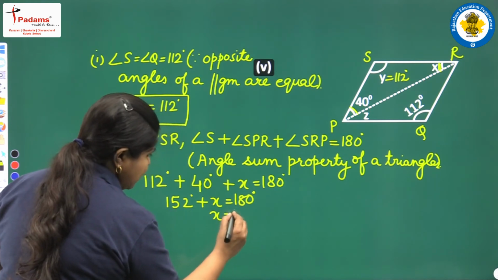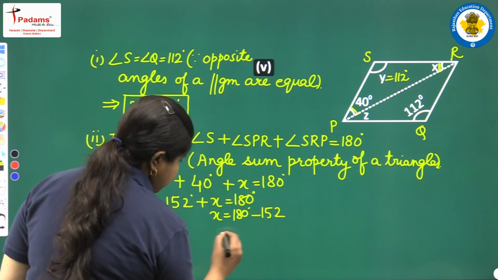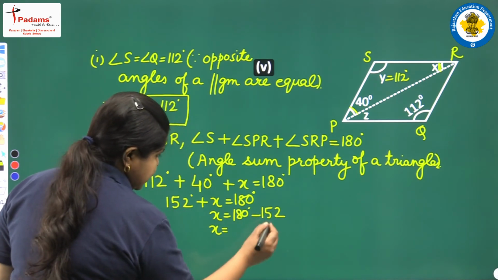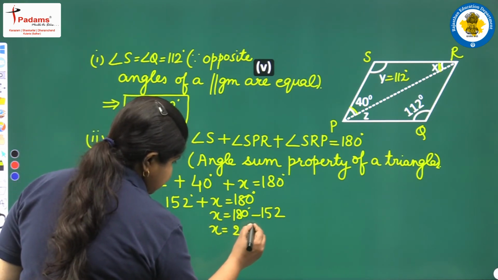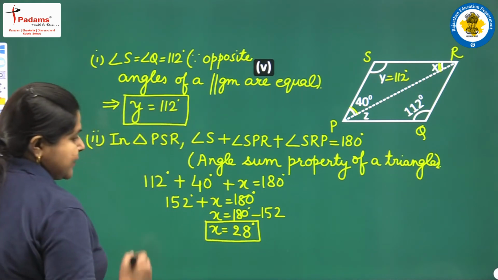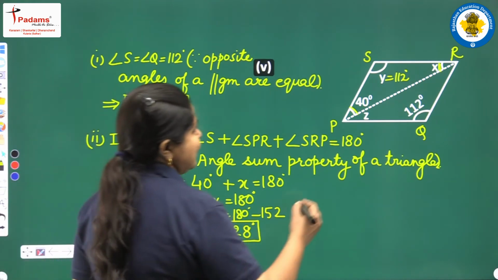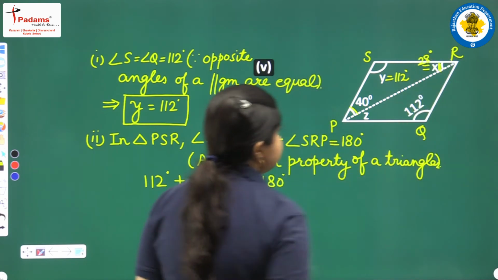Then this X will be equal to 180 degrees minus 152. Just subtract the two, we will get 28 degrees. So the value of X is 28 degrees. Let us write it here, equal to 28 degrees.